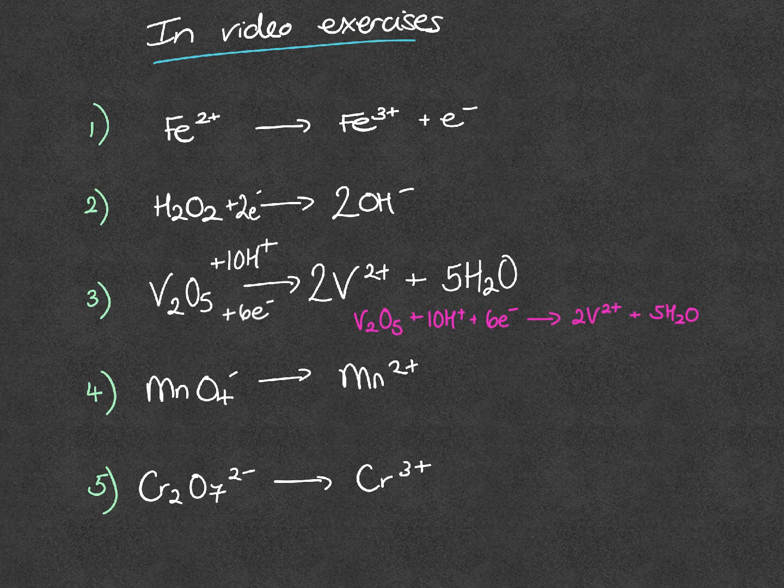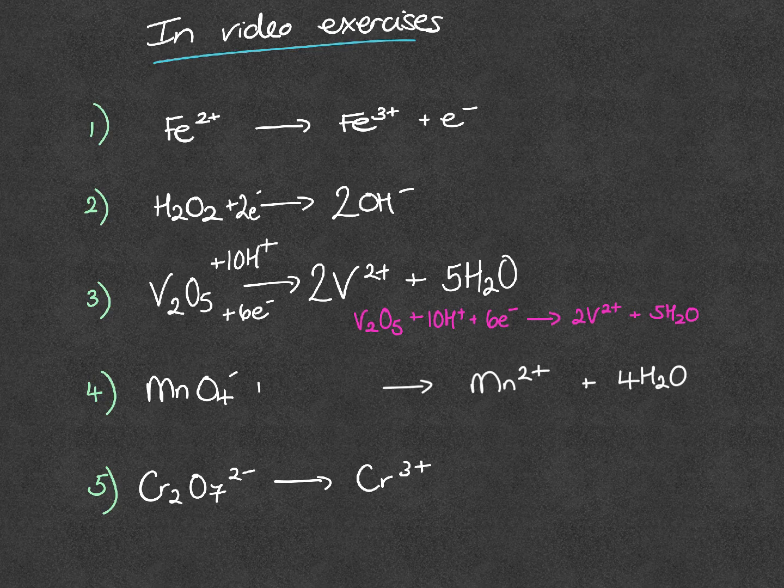I think I'll have to do the same with this one. In fact, I'm going to give myself a bit more room already now with this, because I know I'm going to need it. Okay, so going back to this one, question 4, we can see that we need 4 oxygens on the right, and the way to do that is by using water molecules.